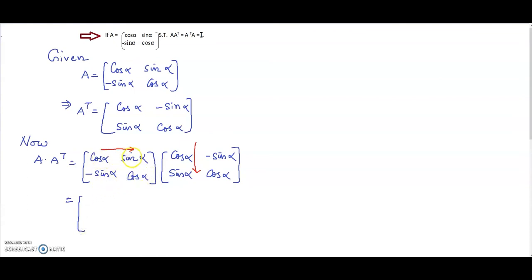So cos alpha sin alpha is the first row here, and cos alpha sin alpha is the first column here. First element into first element, cos alpha into cos alpha, plus the second element of the first row into the second element of the first column, sin alpha into sin alpha. This is the first element. Same way, the first row multiplied with the second column: cos alpha into minus sin alpha plus sin alpha into cos alpha.